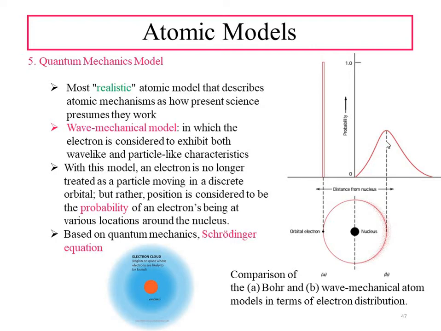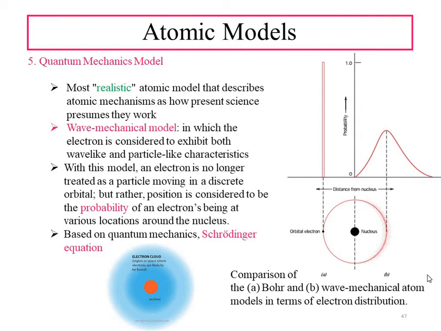But coming to the quantum mechanics model, this is entirely different. It says there's a probability, so the maximum probability is here, but at these places also there is some chance. It can be seen here, here, here, here. At many places it can be seen. So this is probability based.